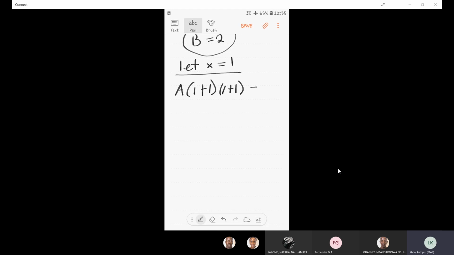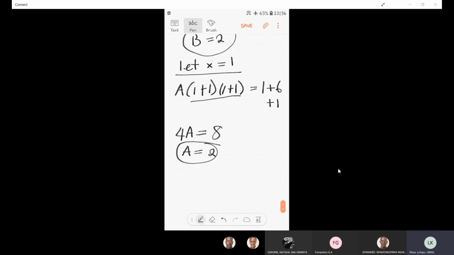And then on the right hand side, 1 cubed is just 1, plus 6 times 1, this is just 6, and then plus x, which is just plus 1. So when I multiply this out, 1 plus 1 is 2 times 1 plus 1, I get 4. So I have 4a. This is equal to 8, and this means that a is equal to 2.